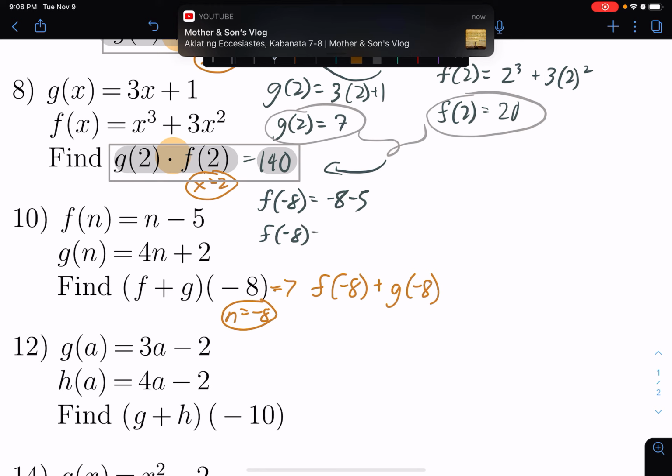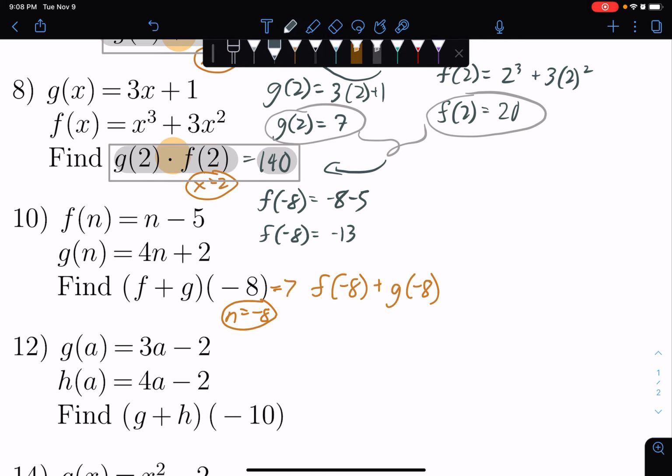F of negative 8 is equivalent to negative 13. And for g of n, g of negative 8 is equivalent to 4 times negative 8 plus 2. So negative 32 plus 2, negative 30.